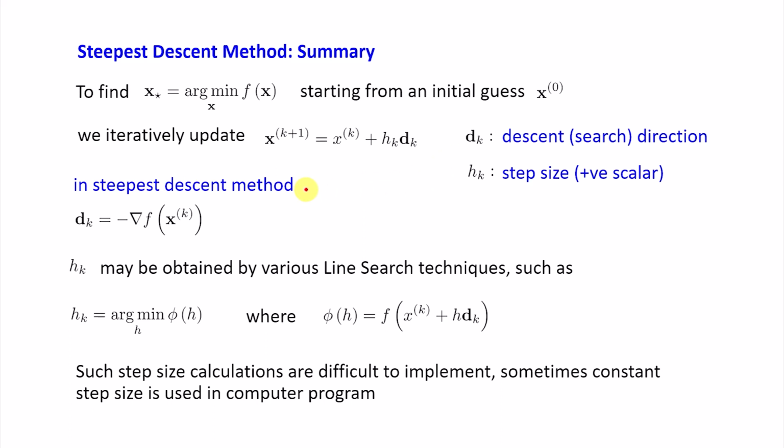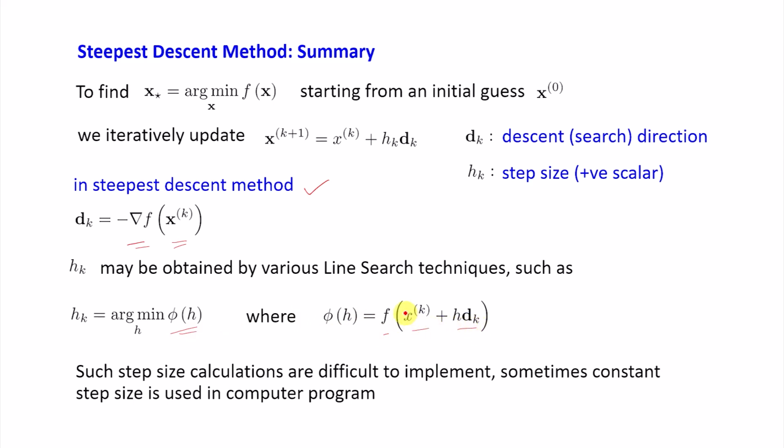Now in the steepest descent method, we take dk as the negative of the gradient of f at that particular point xk, that means the current, known point. Then hk we can calculate from a line search technique, such as taking the hk that will minimize this phi(h) function, where phi(h) is f of xk plus h multiplied by dk.